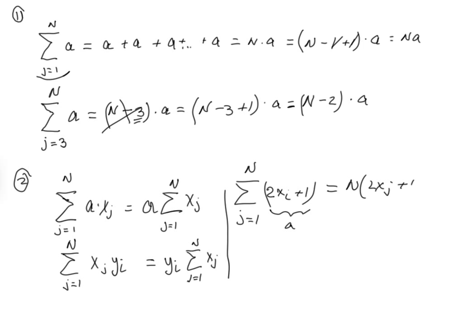Now we have another rule called the distributive rule. Let's clean this up. In the distributive rule, the third rule here, we might have a case such as this one, where we sum xj and yj.